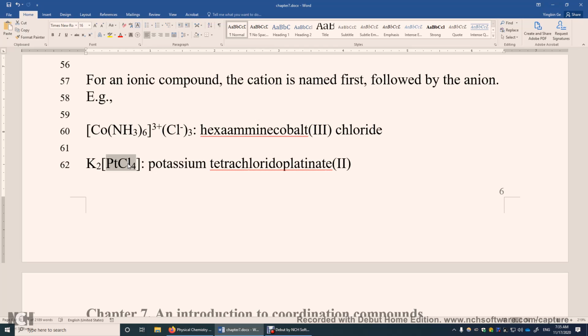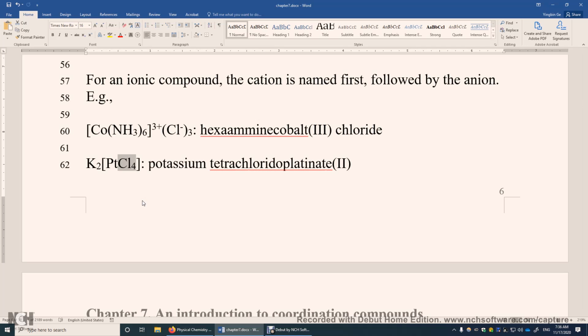So in this case, we again look at the number and kind of the ligands. We have 4 chlorine minus. So it's tetrachlorido. So it's not tetrachloride. It's a transition metal complex.